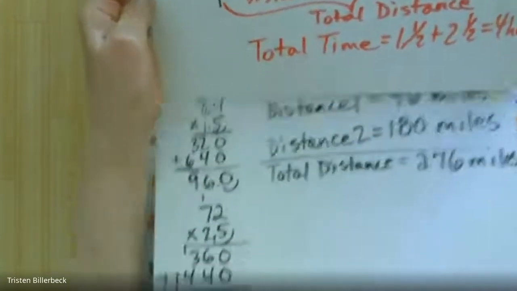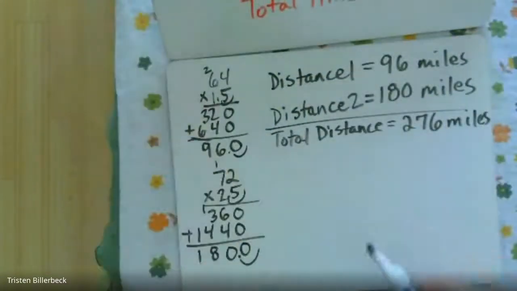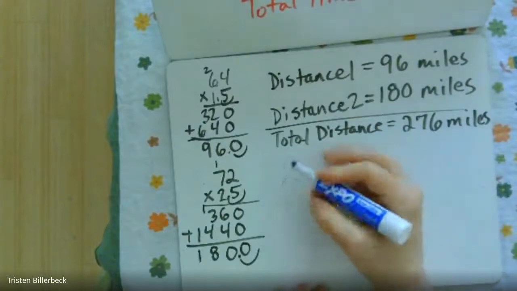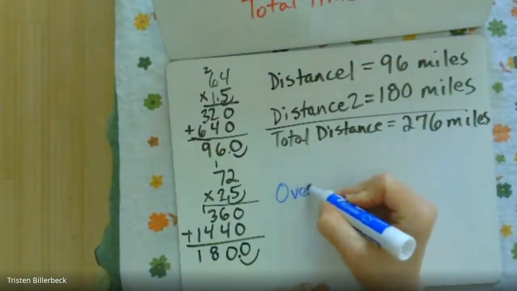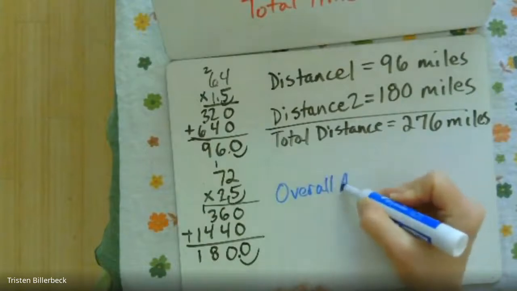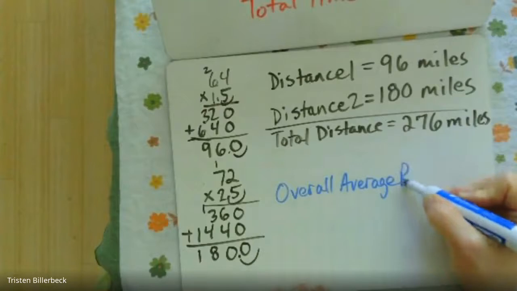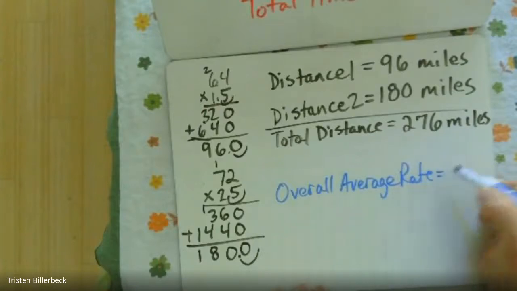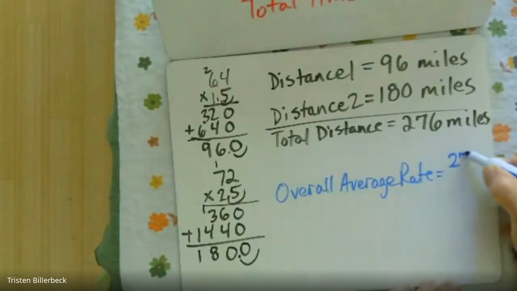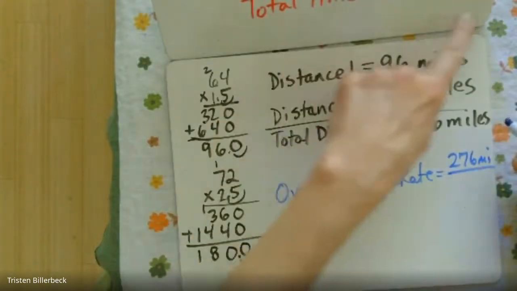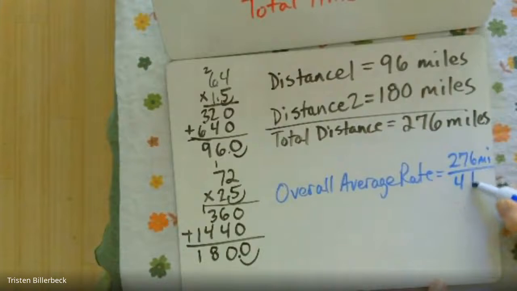So now we can find the overall average rate, which is the total distance, 276 miles, over the total time, 4 hours.